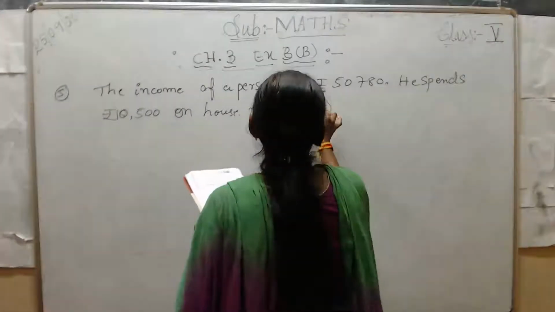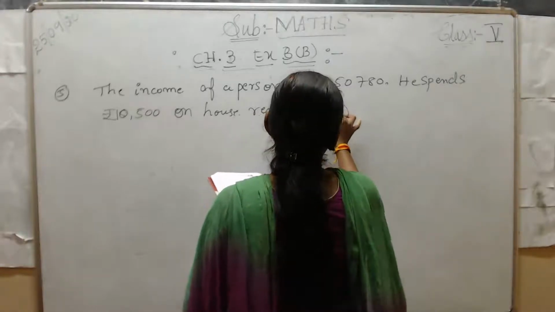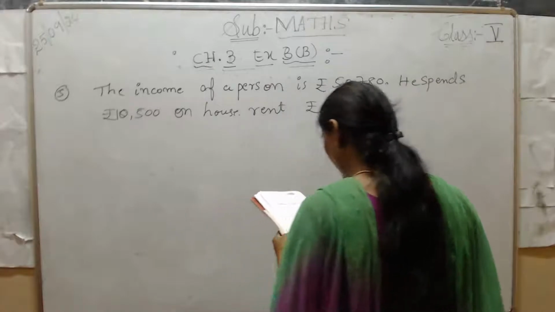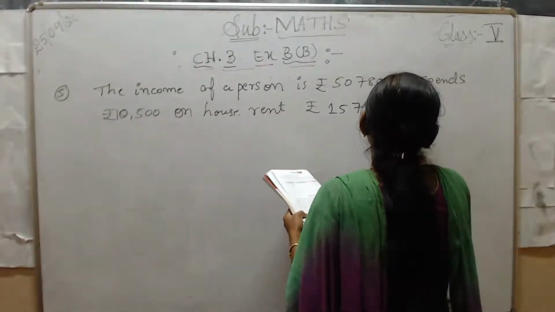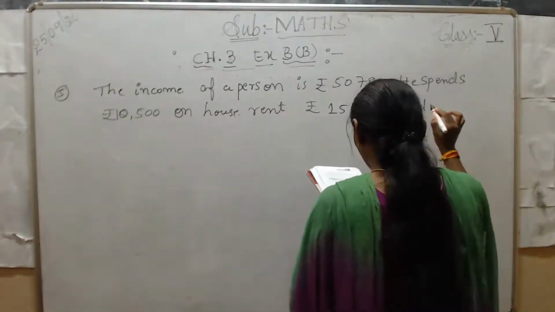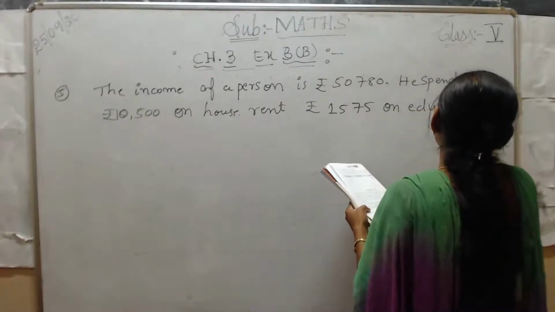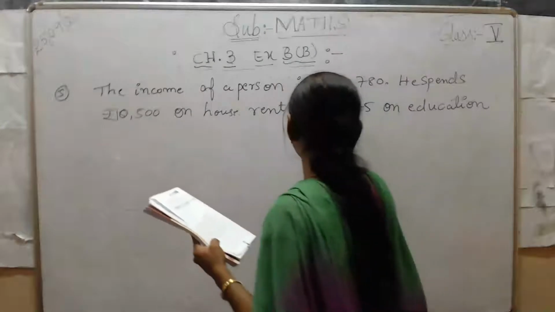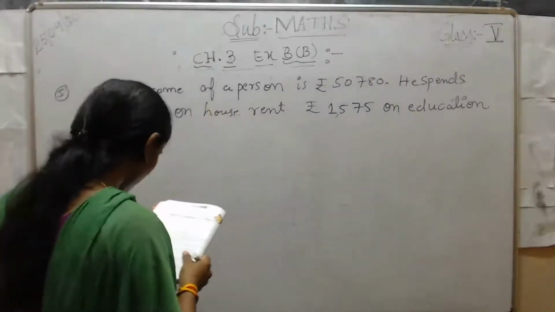Next, he spent 1,575. The person's name is not mentioned. That is spent on education. So the next spend reason is education, total amount 1,575.